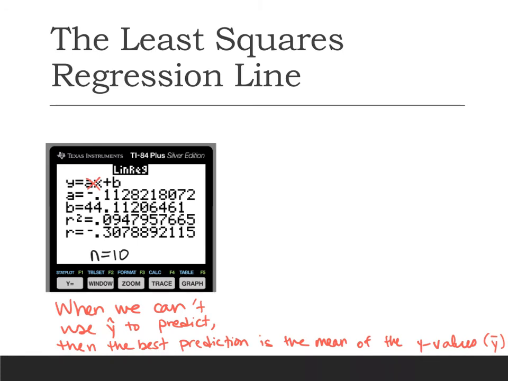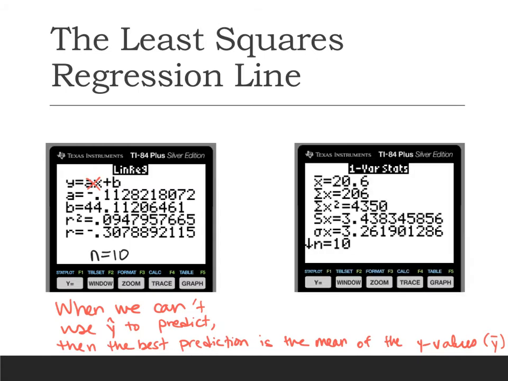But what we'll do is just like we did in chapter 3. We'll do our 1-Var Stats. But we need to do 1-Var Stats for L2, because L2 is our y values. So let's see what that looks like. There we go. So here's our 1-Var Stats.